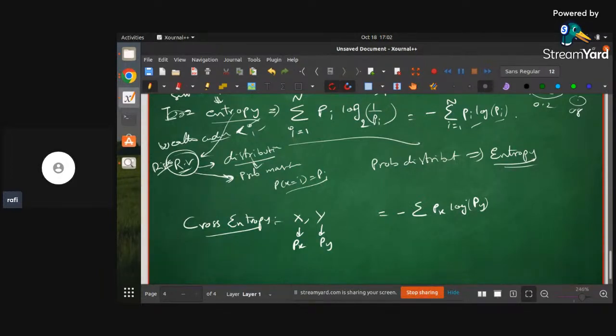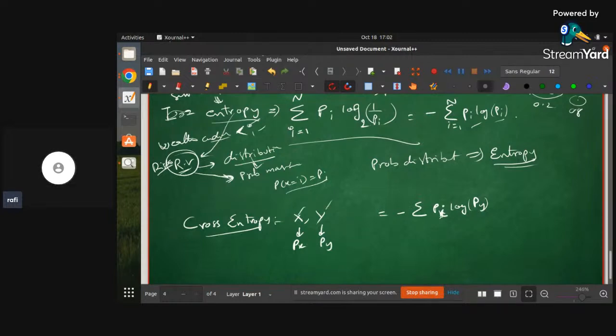And you also have mutual information. Let us say x and y have a few common samples.